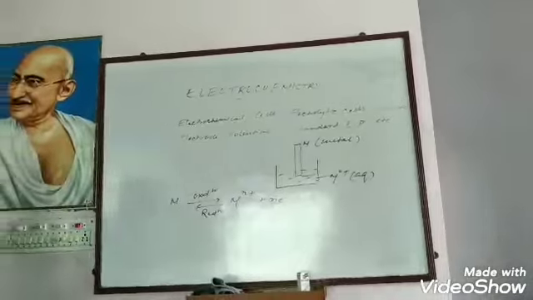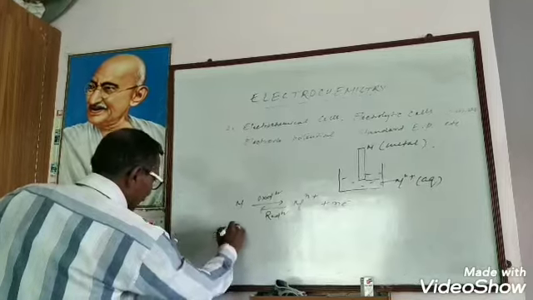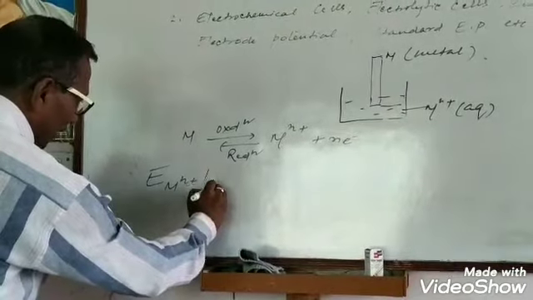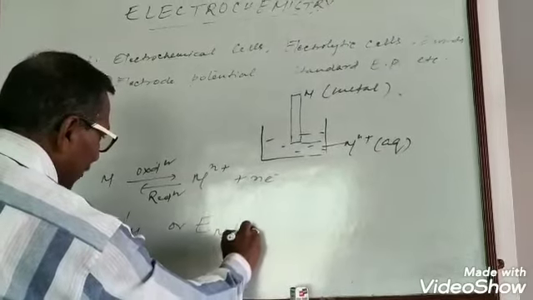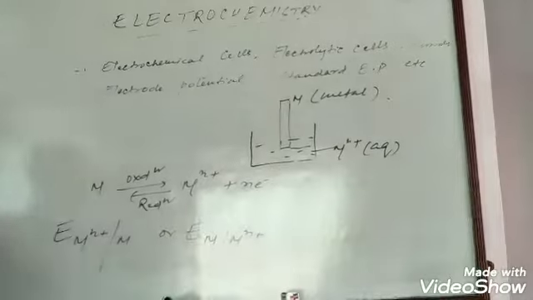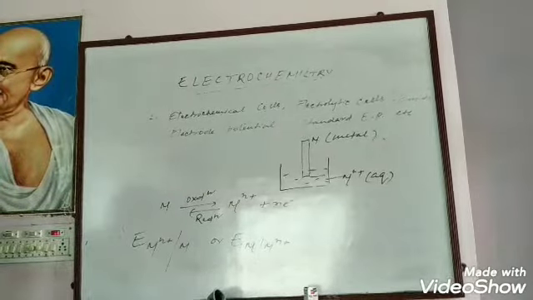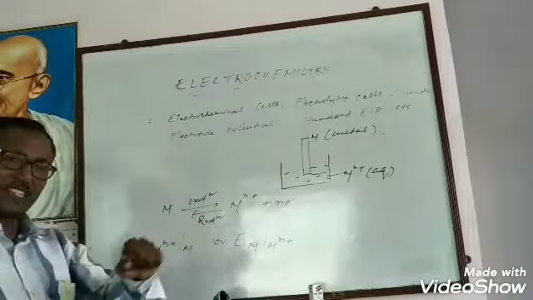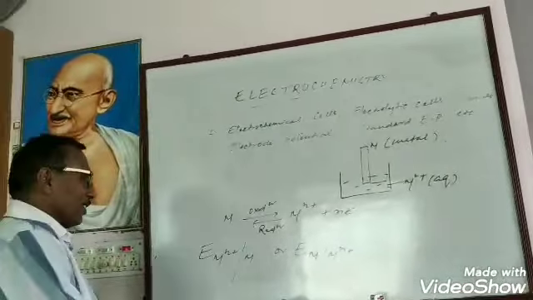Now, representation of electrode potential. This is represented by Mn+ interface with M or M interface with Mn+. We can represent electrode potential like this. Now it is divided into two parts. One is oxidation electrode potential, another is reduction electrode potential.